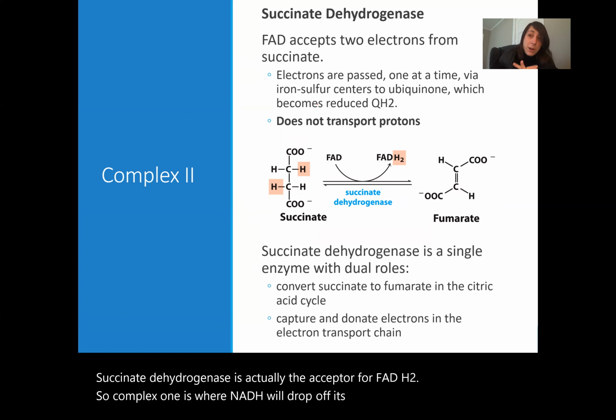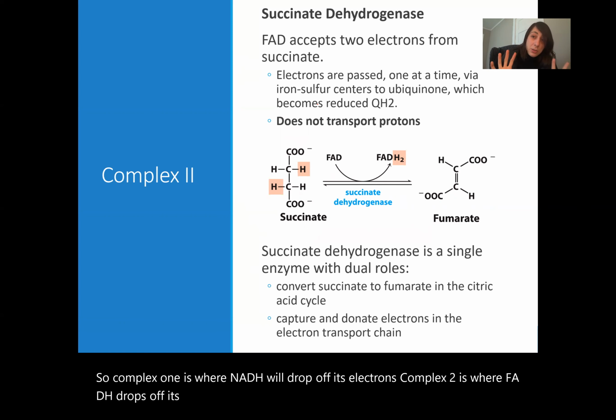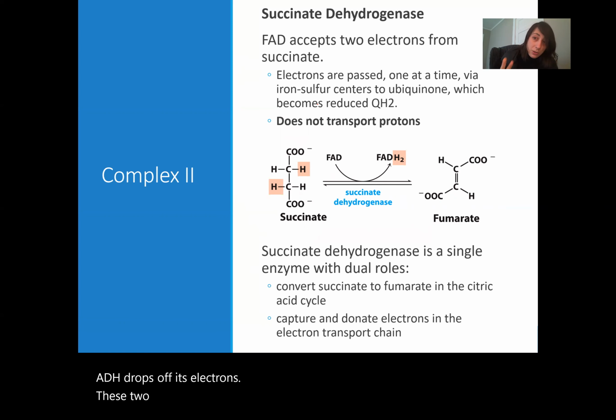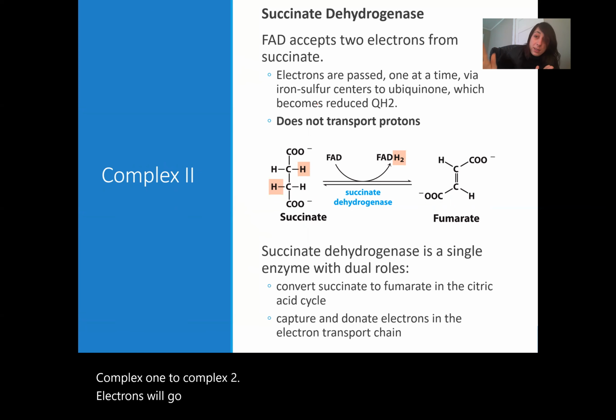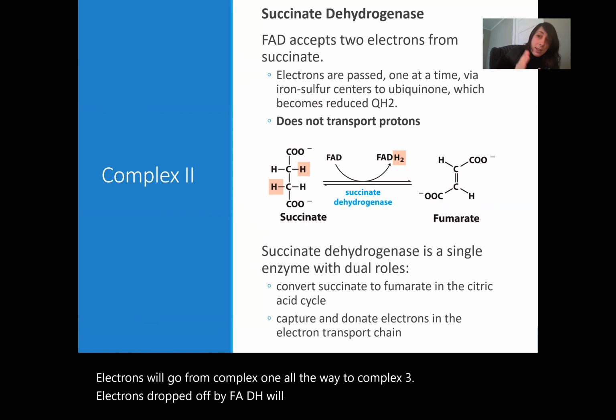Complex 2 is where FADH drops off its electrons. These 2 act separate of each other. Electrons are not going from complex 1 to complex 2. Electrons will go from complex 1 all the way to complex 3. Electrons dropped off by FADH will enter at complex 2 and go to complex 3.